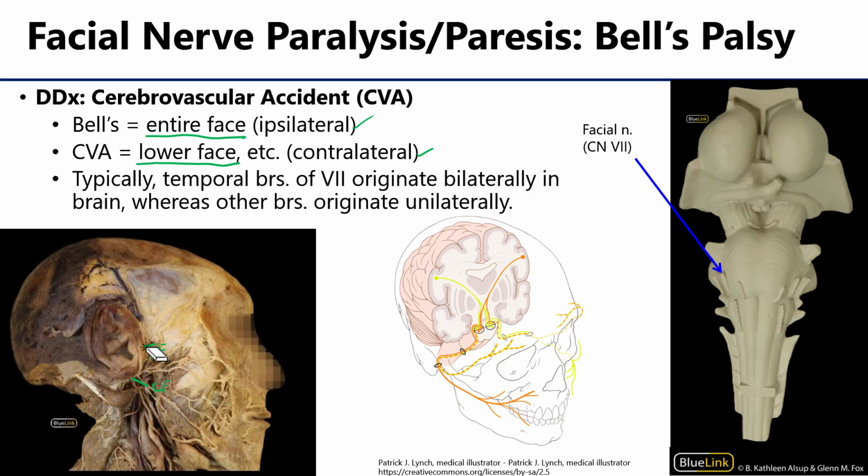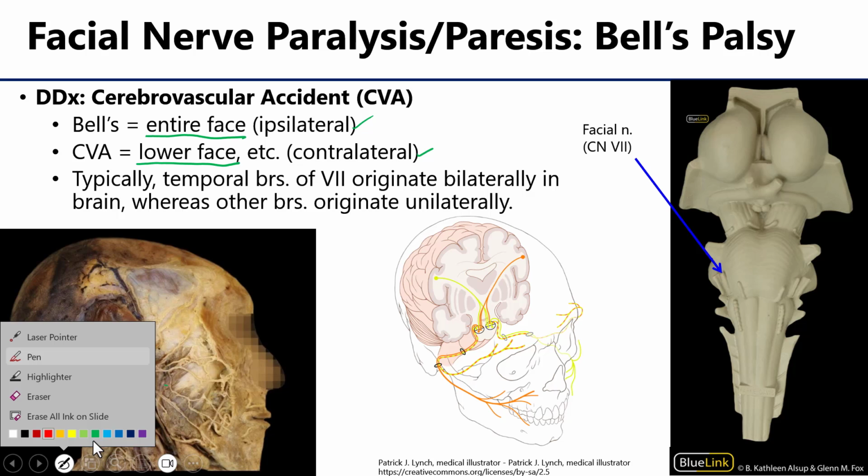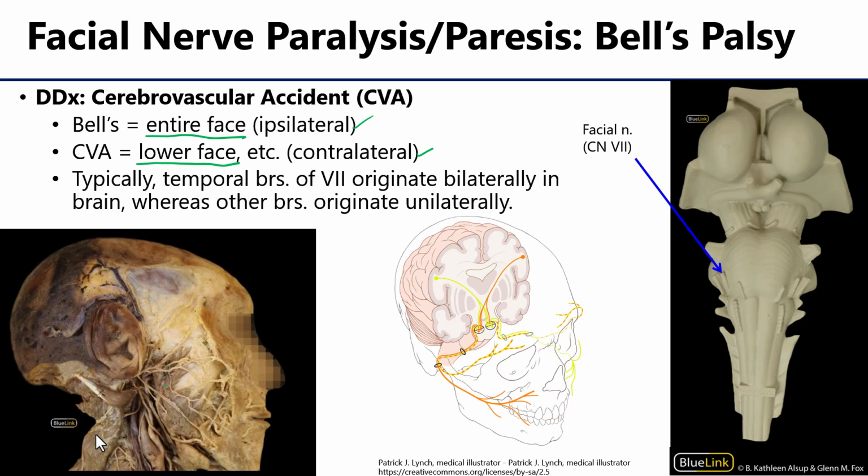So let's go back and erase this, and go back and pull up green. Let's take a look at how a cerebrovascular accident or a stroke could affect facial muscles, and let's see how these pathways work.